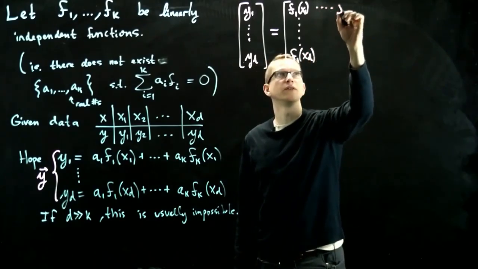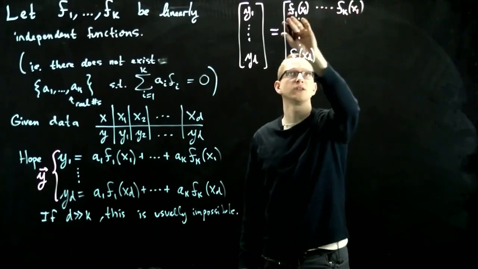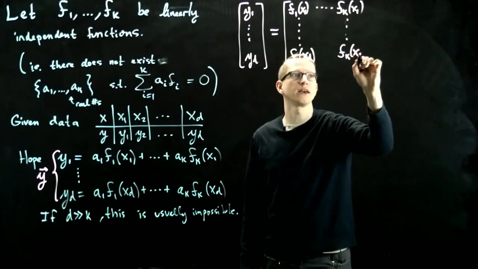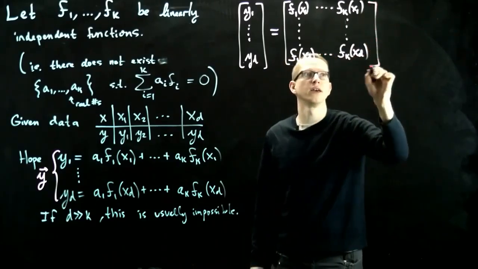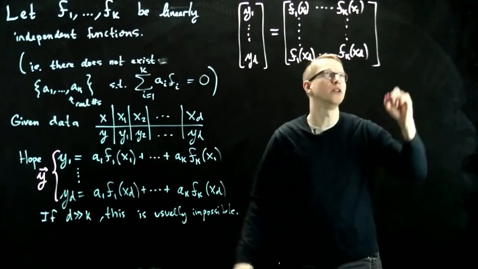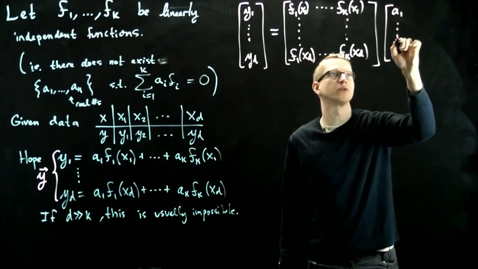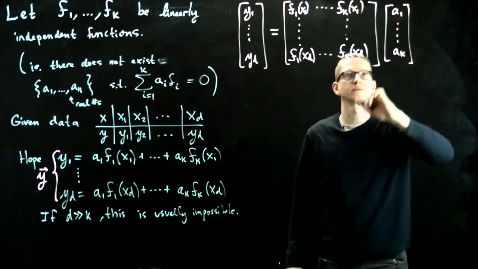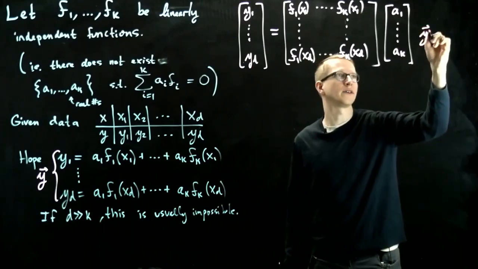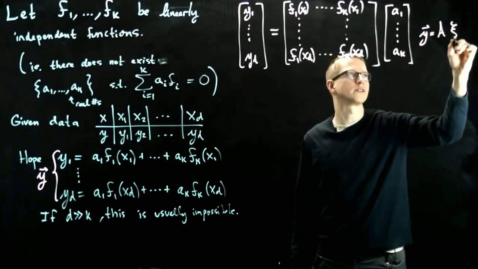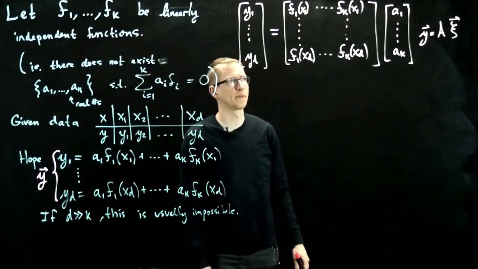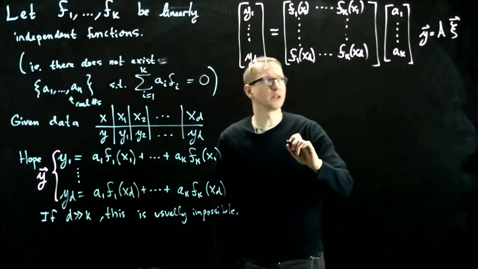And then this goes up to fk, still x1 in the first row, and down to fk of xd in the last row. And this matrix is applied to the vector of unknowns, a1 through ak. So this is again of the form y equals A c, and let's call it c instead of x to not confuse ourselves with the variable x that we've used for our data. So in general, it's impossible to solve this.